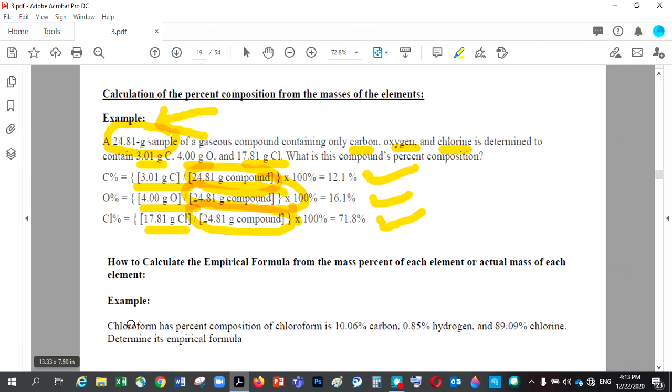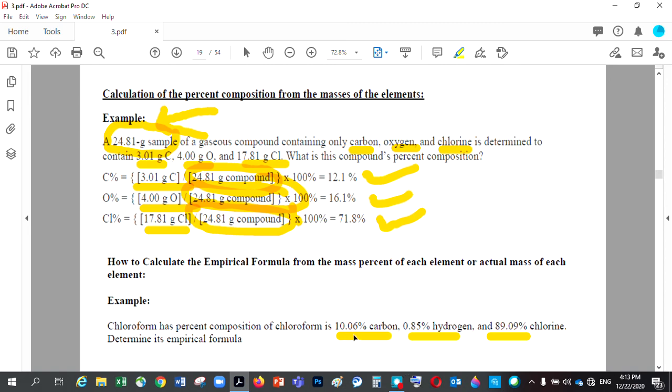So we have an example here. Chloroform is made of 10.06 carbon, 0.85 hydrogen, and 89.09 chlorine. So those are making it up. What's the first step? It's assuming that I have 100%.